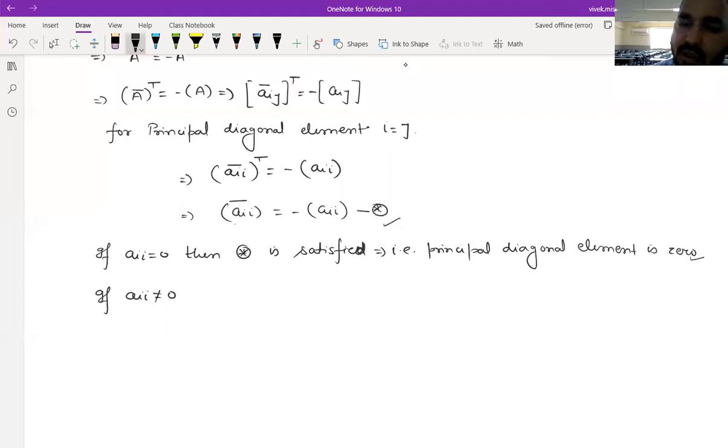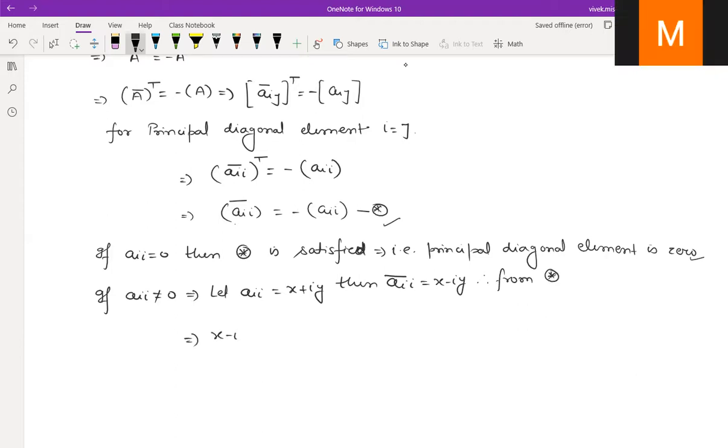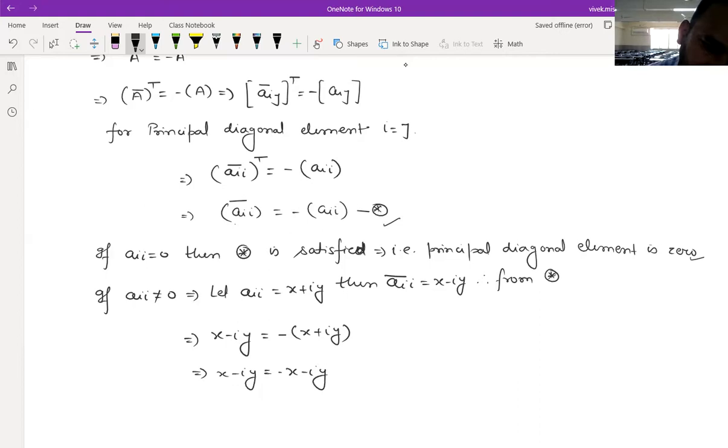Suppose the principal diagonal element is not 0; then what happens? In that case, if Aii is not 0, let Aii be x plus iy. Then Aii bar is x minus iy. Therefore, from star, x minus iy is minus x plus iy, so x minus iy is minus x minus iy.